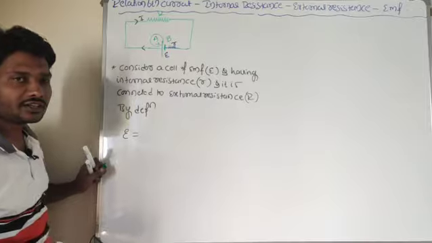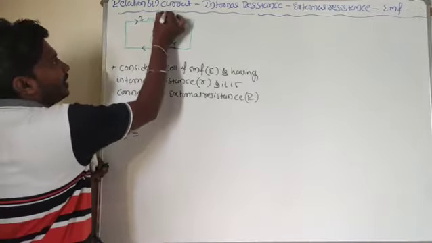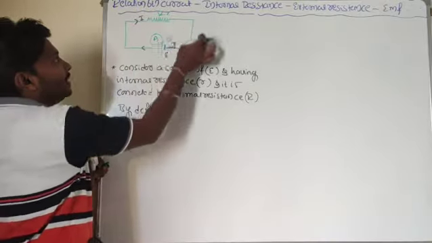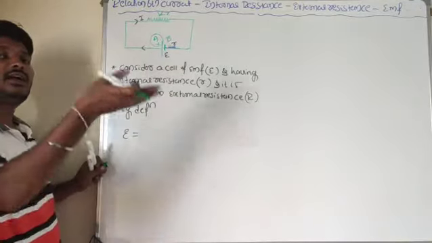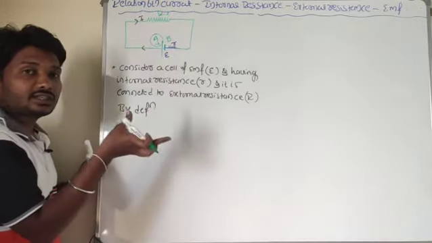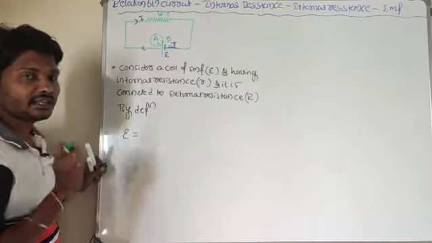And another thing, the work done to bring that unit positive charge from B to A against the internal resistance. From A to B, what kind of resistance is there? In order to bring unit positive charge from A to B, external resistance is there, whereas to bring it from B to A, what kind of resistance is present between the cells? That is internal resistance.